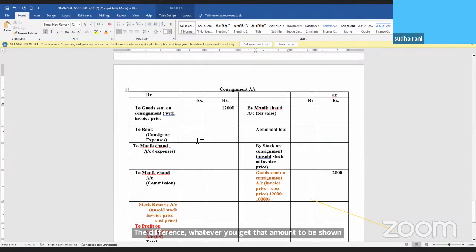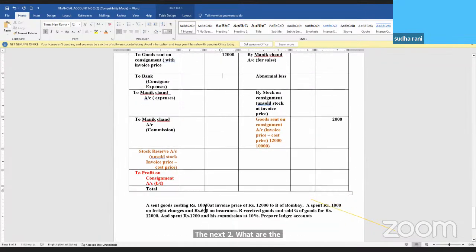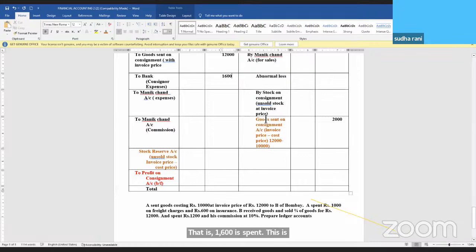Next, what are the consignor expenses? Consignor spent a total of 1,000 plus 600, that is 1,600. This is also understood. Next, consignee. Consignee is B. Consignee spent how much? 1,200.